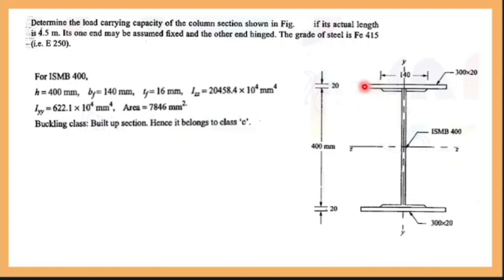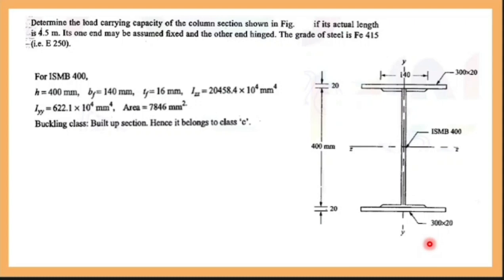Now what are the additional areas here? 300 into 20 is a plate. How many plates do you have? 2 plates. So what will be your revised area? Area equals 7846 plus 2 into 300 into 20. This will be your revised area.